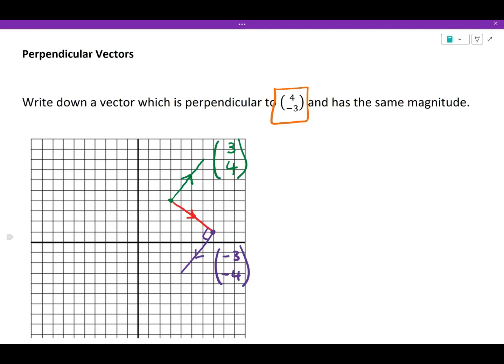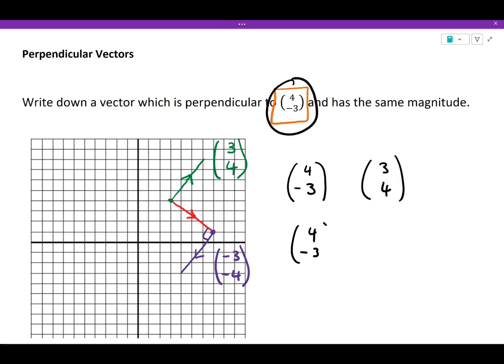And what I want to do is just compare the 3 vectors I've ended up with. The vector (4, -3), which was my starting vector, is perpendicular to (3, 4). It is also perpendicular to the vector (-3, -4). So how could I have obtained these answers without drawing all that out?